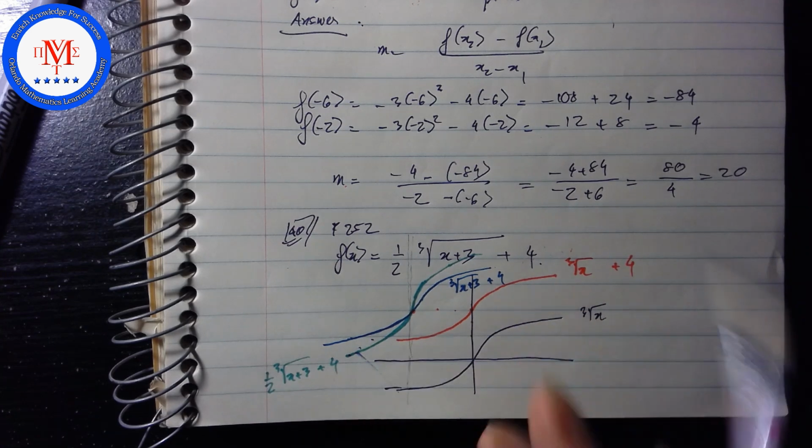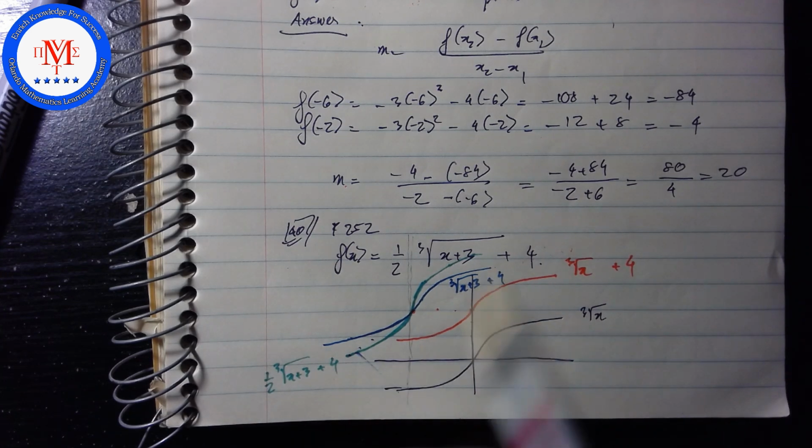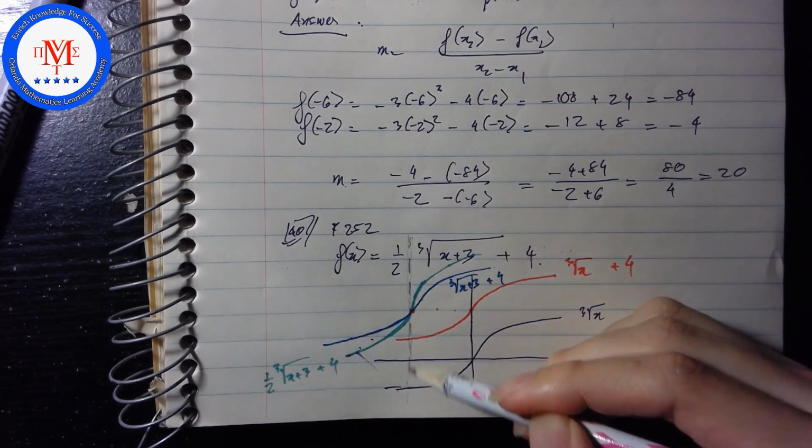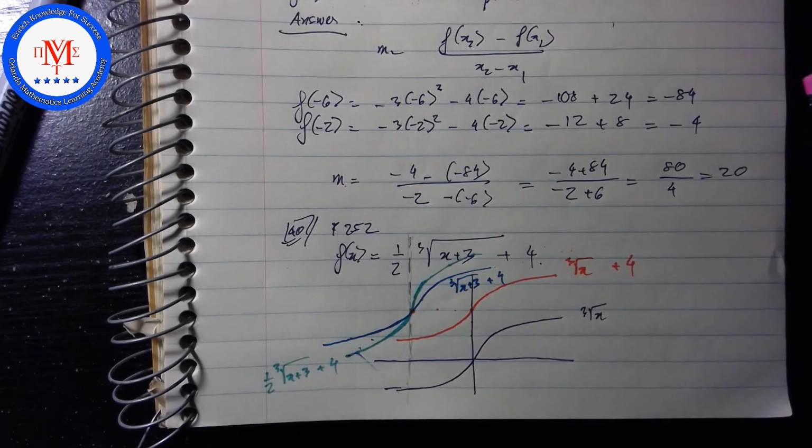So for transformation, when we sketch the graph using transformation, it's not really hard. But it depends on how the question wants you to do it. If it wants you to sketch the graph by transformation, then that's all you have to do.